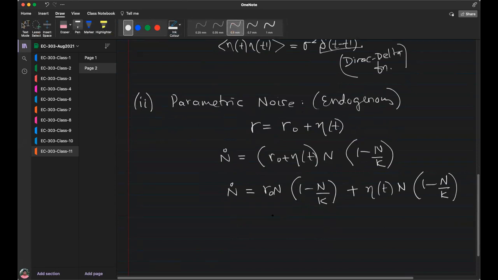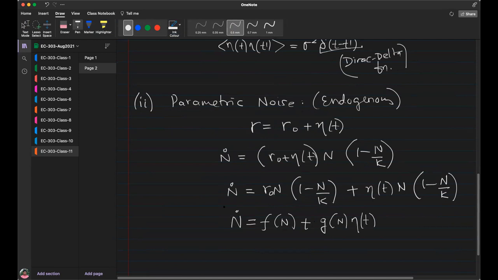So now this is the same old logistic model term, and then we have a random variable term, and then we have again the same term. Let's denote this in a very general way: g of n times eta of t.